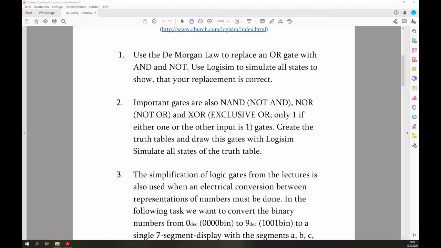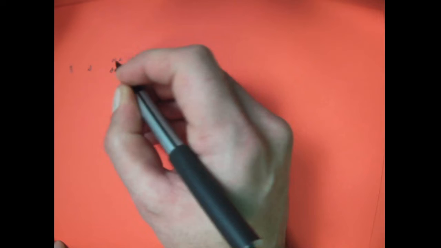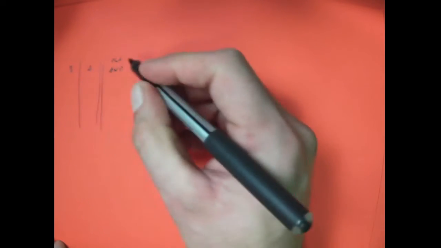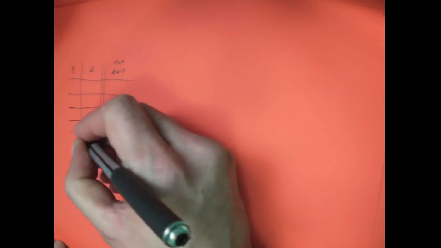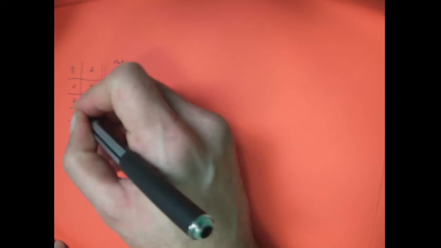So let's first of all create the truth table. The truth table for our NAND looks like this. So let's first of all start with the AND gate. So we have 2 inputs, A and B, and we have 1 output, which is the AND. So if we have 2 inputs, we can exactly make 4 different possibilities. So, and then we just change 0, 1, 0, 1 to get all of the solutions 0, 0, 1, 1.